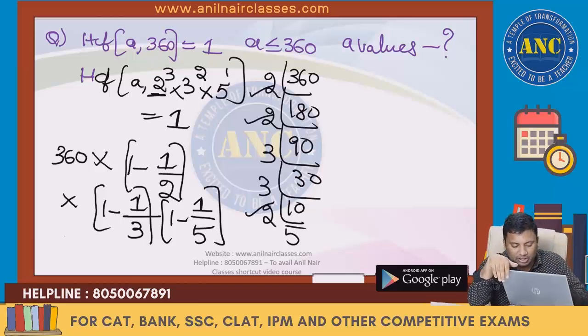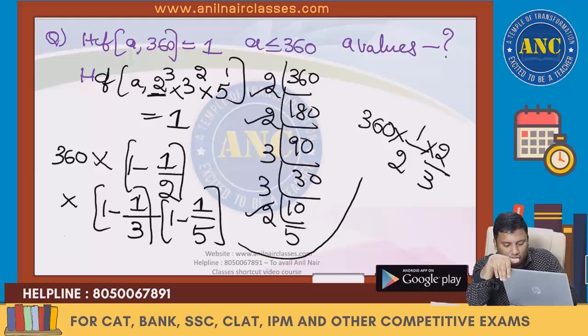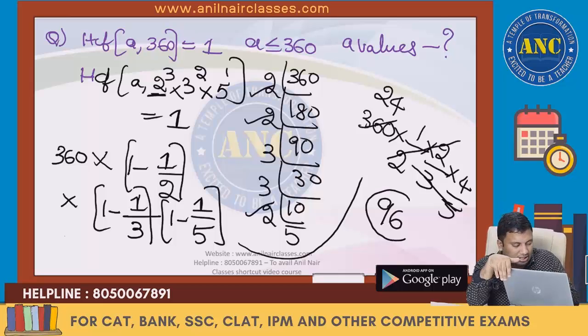So the answer for this question is 360 into 1 by 2 into 2 by 3 into 4 by 5. 2 cancels. 15 24s are 360, 24 4s are 96.